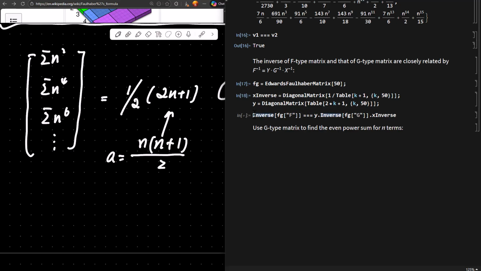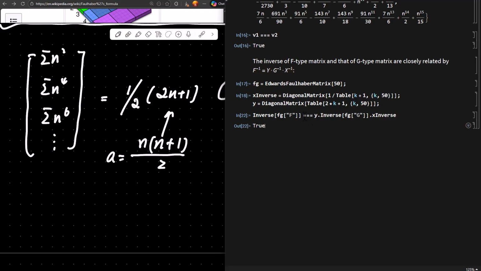So the formula says the matrix inverse of f equals y times the inverse of g times x inverse. Let's check. It is true. So we do not really have to compute the large matrix inverse twice. If you have the inverse of one item, the other can be computed really simply.